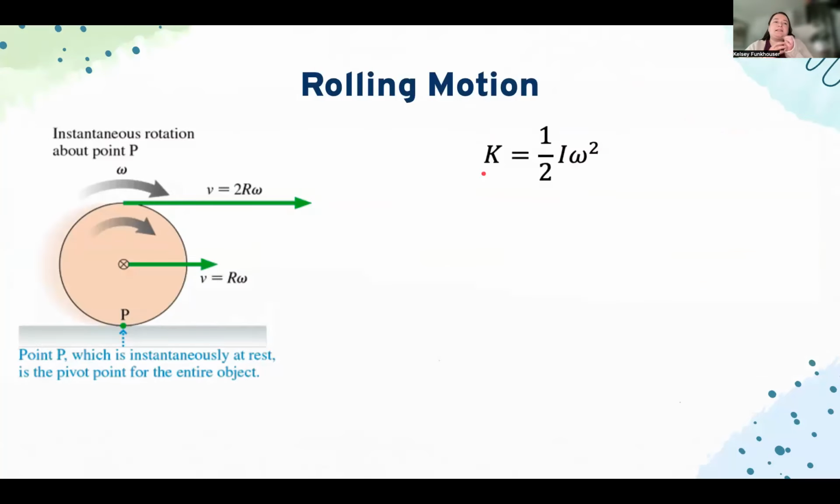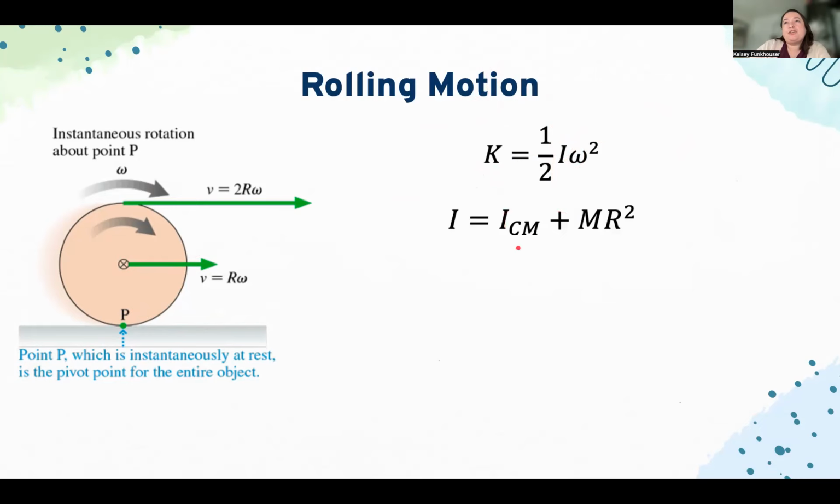Because this is different than separately translational or rotational motion, we have to think about kinetic energy a little bit differently. When something is rolling, its pivot point is not the center, it is the part that is touching the ground, which means we have to use the parallel axis theorem for the moment of inertia.